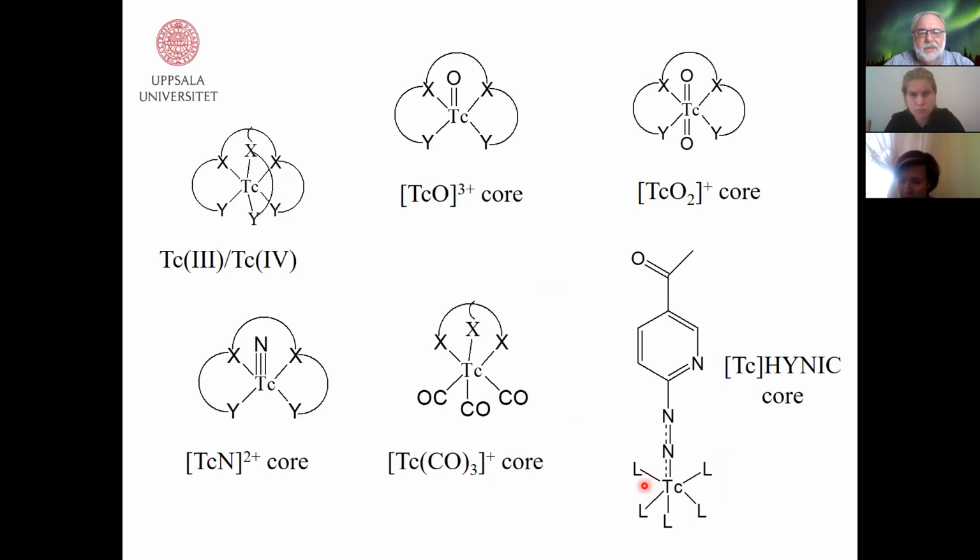What is interesting is that since it's mono or at best bidentate chelator, it requires coligands, and you can modify physicochemical properties of the whole complex by modifying the chemical nature of the coligands, adding or reducing the charge of the whole core or its lipophilicity.